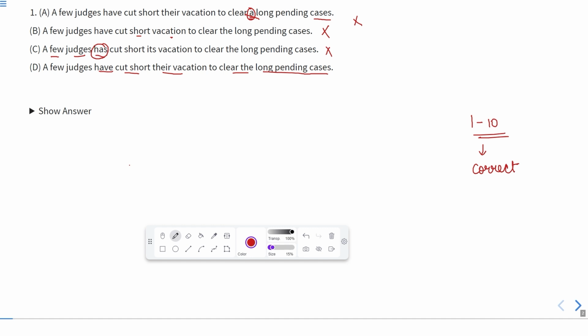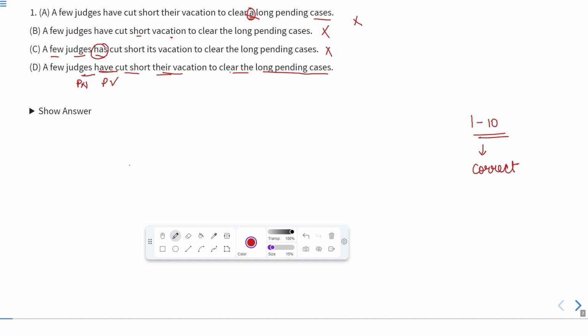A few judges have cut short their vacation to clear the long pending cases. Now, the fourth sentence is absolutely correct grammatically. How? First of all, it is written a few judges, so up to this point it is right. Also, because judges are plural, we have used have, the plural form of the verb. Cut short means minimize, and their vacation means their holidays.